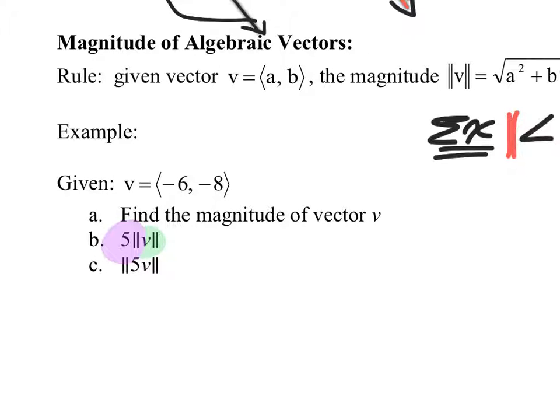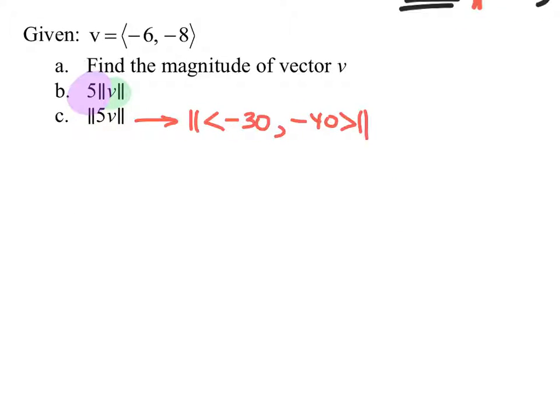But the other one is telling you to first multiply the vector by 5 and then find its magnitude. So it's really asking you to find the magnitude of (-30, -40). Now this is not a proof, but it's definitely a justification, all right?